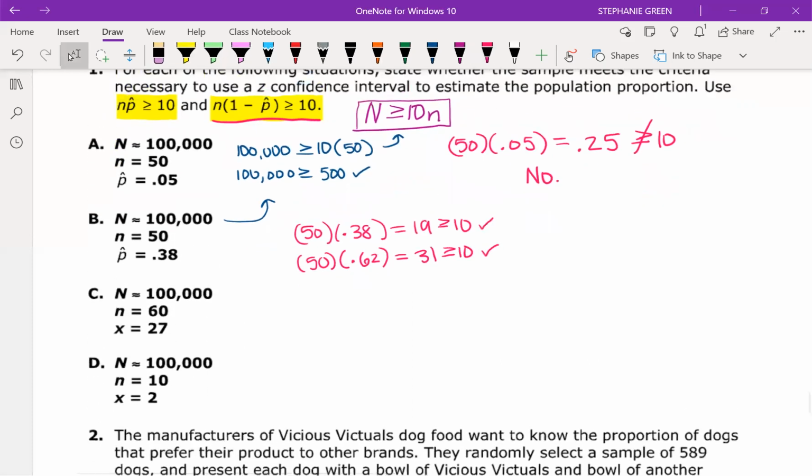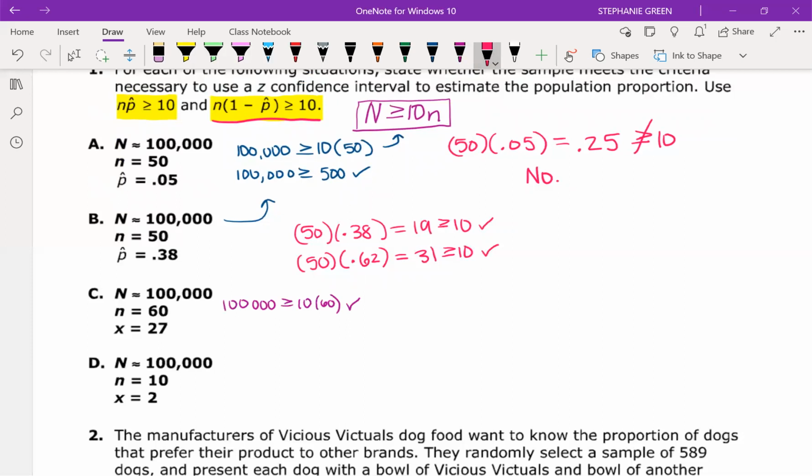All right, in this next one, you can see we have a sample size that's slightly larger. So is 100,000 still going to be greater than or equal to 10 times that sample size? Absolutely. 100,000 is greater than 600. Okay, so now that we know it's binomial, let's check our proportion again.